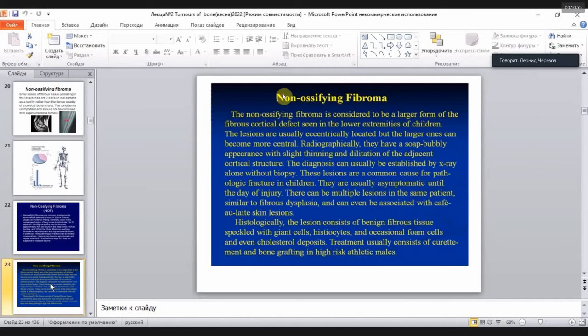Treatment usually consists of curettage and bone grafting in high-risk athletic males.